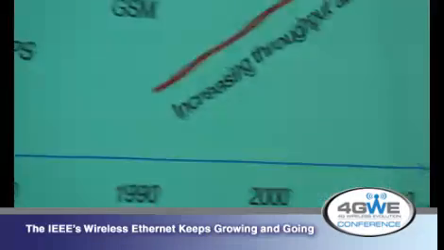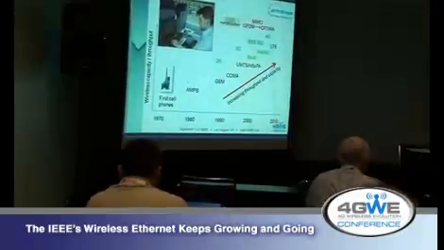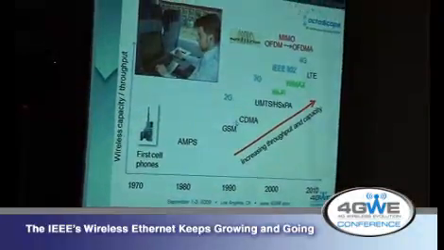So we've come a long way from the early to mid-'70s when we saw our first clunky cell phones. Essentially, we started with what we can now call 1G. Back then it wasn't called 1G.